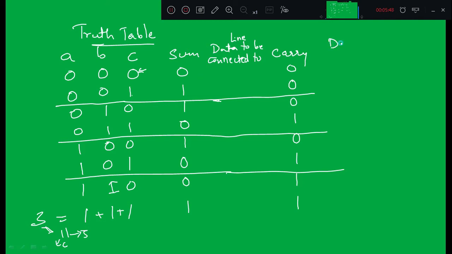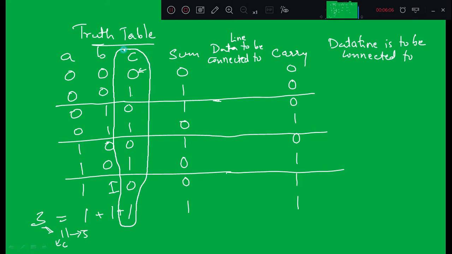Similarly, we need to write the same thing for carry, that is data line is to be connected to, right? So first we will design the sum part using the 4:1 mux. So here nothing is given in the problem, so I'll treat A and B as select lines, and C will appear on the data line.